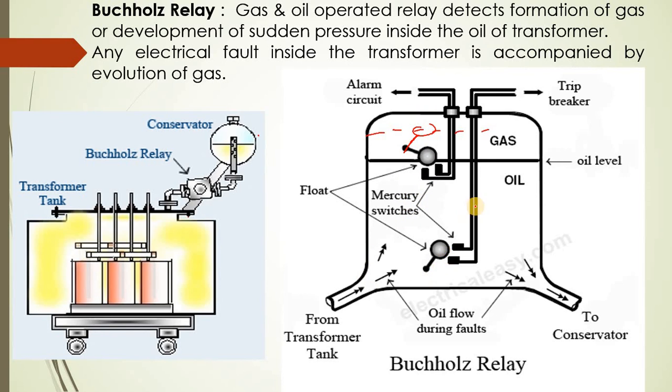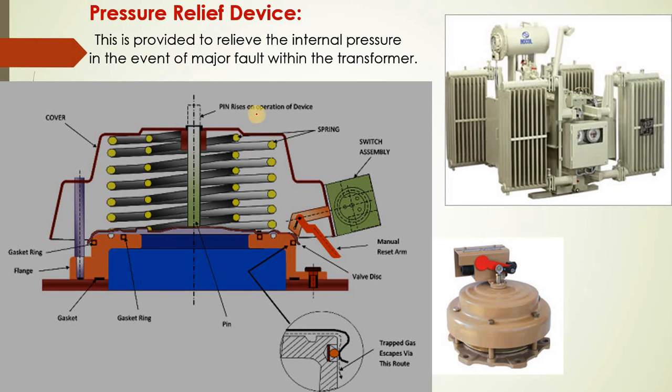Next, when the oil level goes down and down, and if there is a high flow of air bubbles inside, then this contact is made and this will give a signal to the trip circuit. So this is the function of the Buchholz relay: to protect the transformer from incipient faults.